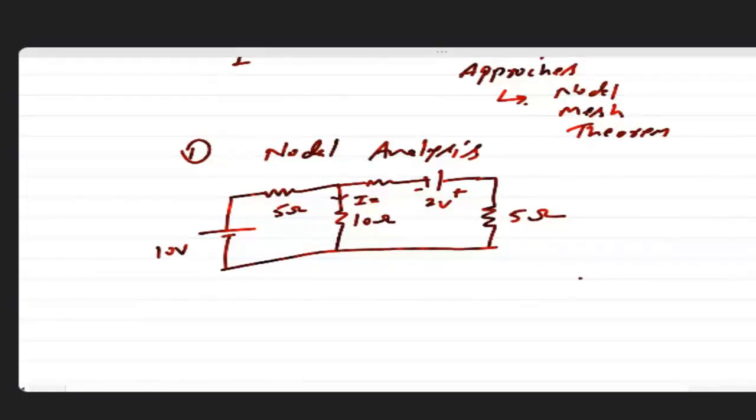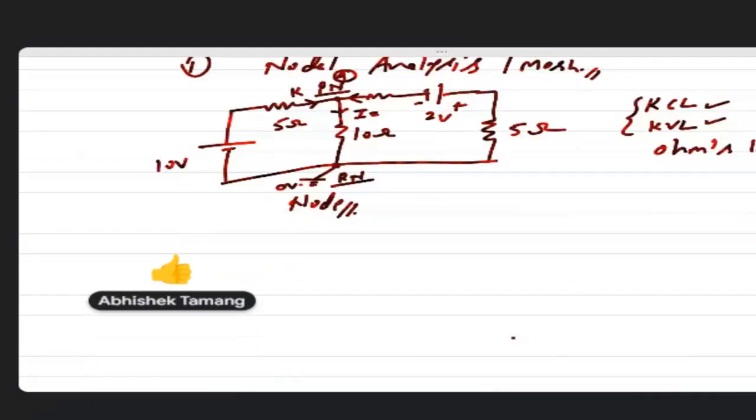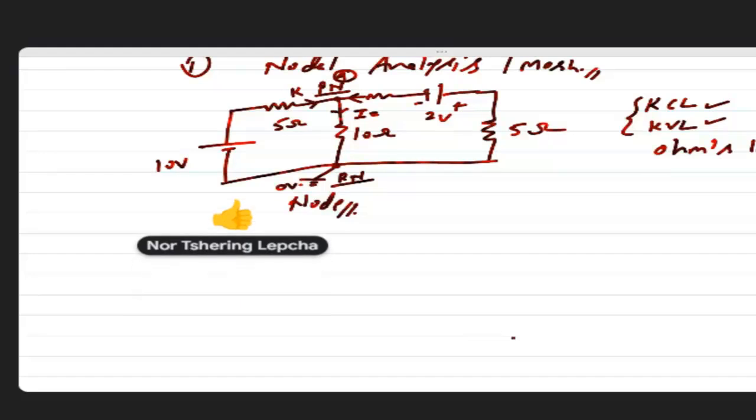For solving this type of question, you may either use nodal or you may use mesh. Since we are discussing nodal, how can nodal analysis be applied to this question? This is a demo class, and for solving with nodal analysis I am assuming you know KCL, KVL and Ohm's law, and in the course of time we will see all these topics in detail in our notes.